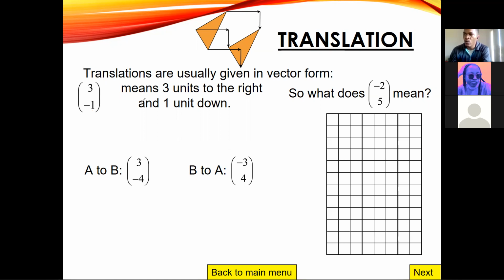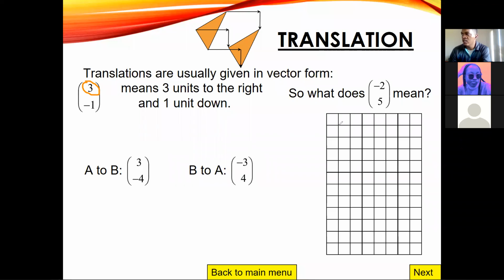As everything is linked, you have to know certain things, because I was about to draw something very important. If you are getting a representation of a transformation or this translation that we need to do, any transformation that is in this form means it's in a vector form, okay? What this means is the number on top, this number 3, means 3 to the right.